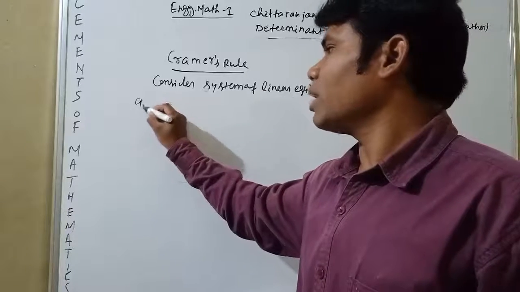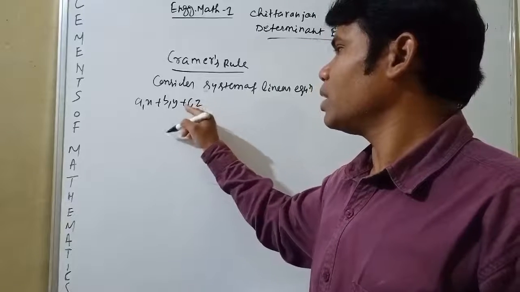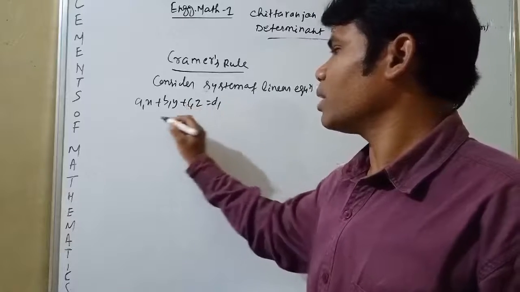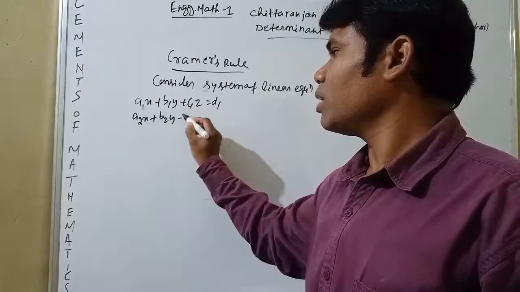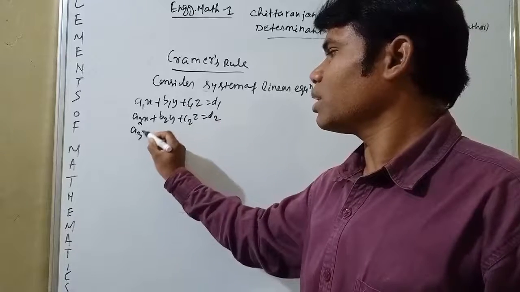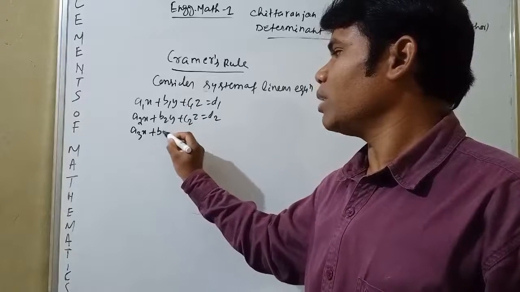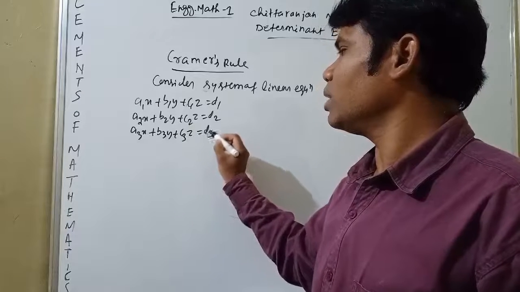The linear equations you can take: a1x plus b1y plus c1z is equal to d1, a2x plus b2y plus c2z is equal to d2, a3x plus b3y plus c3z is equal to d3.